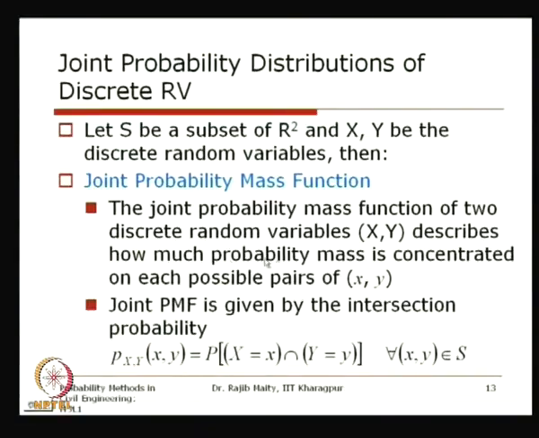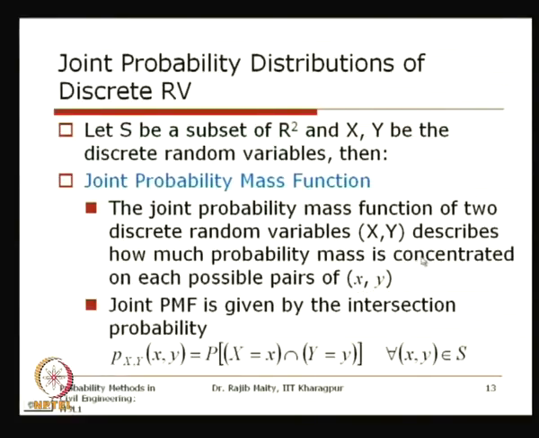So for the discrete case, if R square is a subset of that xy plane, then it will be a discrete random variable. If it is a discrete random variable, then you know that we generally call it a mass function. So here it is the joint probability mass function, or joint PMF. The joint probability mass function of two discrete random variables X, Y describes how much probability mass is concentrated on each possible pair of x, y.